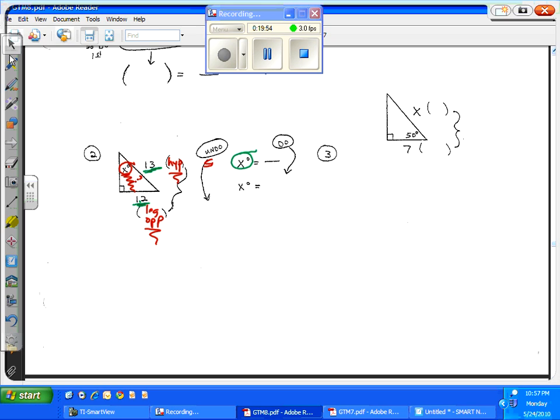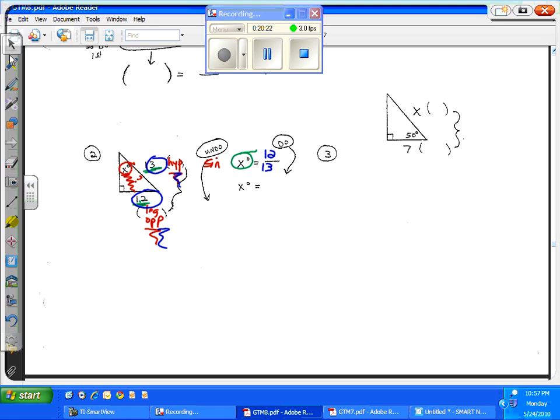Leg opposite hypotenuse is sine, so that tells us to use sine x. Sine is leg opposite over hypotenuse. So we put leg opposite 12 over hypotenuse 13, and we have our trigonometric ratio set up.